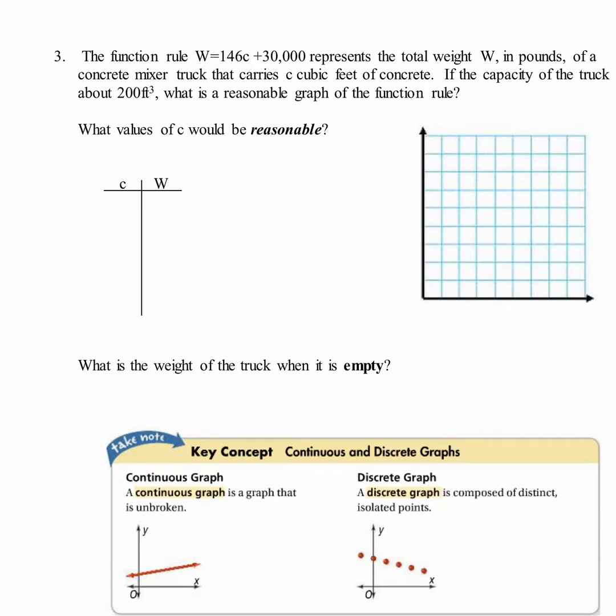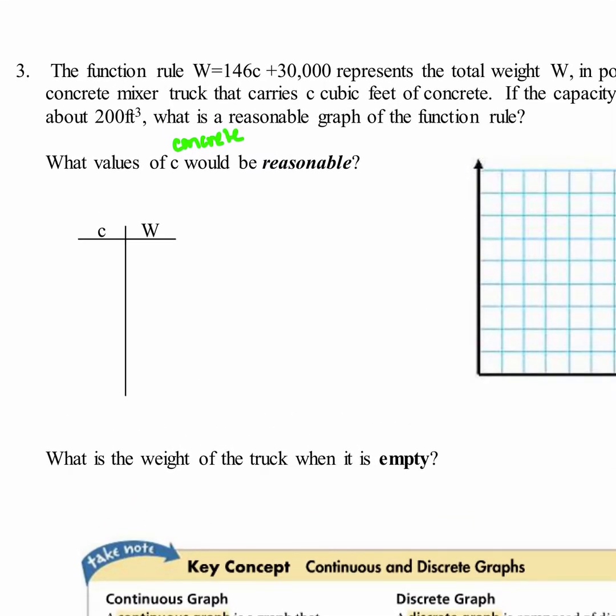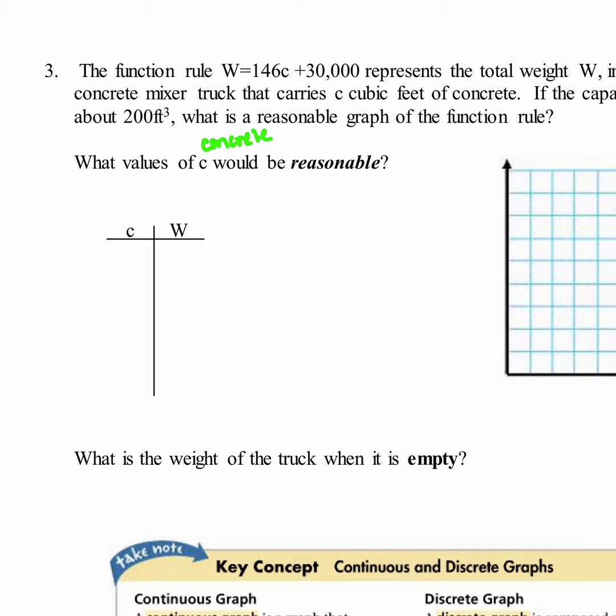So C was the concrete. If you're thinking of some amount of concrete, it doesn't make sense to be in the negative, so we'd want to start with 0, right? And then if it can only hold about 200 feet cubed of concrete, that means it can only be a maximum of 200. So it would be reasonable for C to go all the way up to 200.